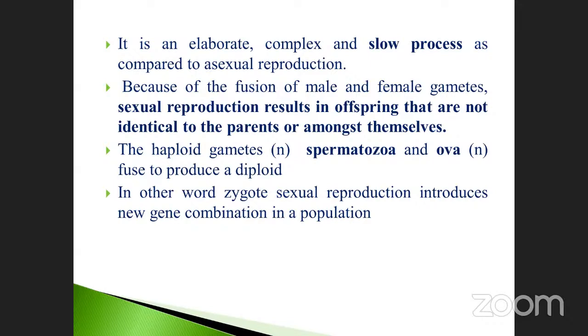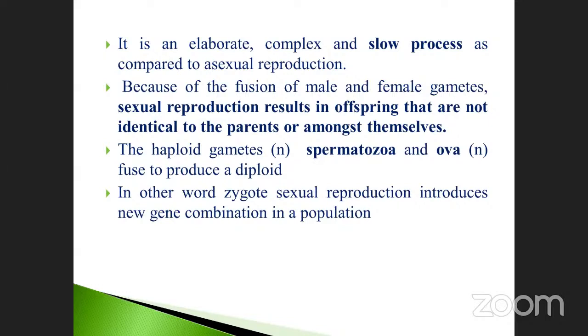Because of the fusion of the male and female gametes, sexual reproduction results in offspring that are not identical to the parent or among themselves. It is very, very important. So many times it was asked in the questions. Male has different characters and female also has different characters.